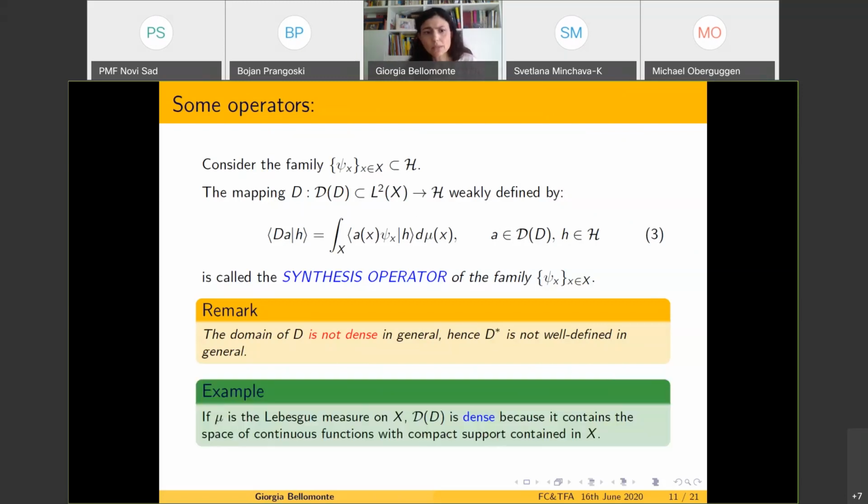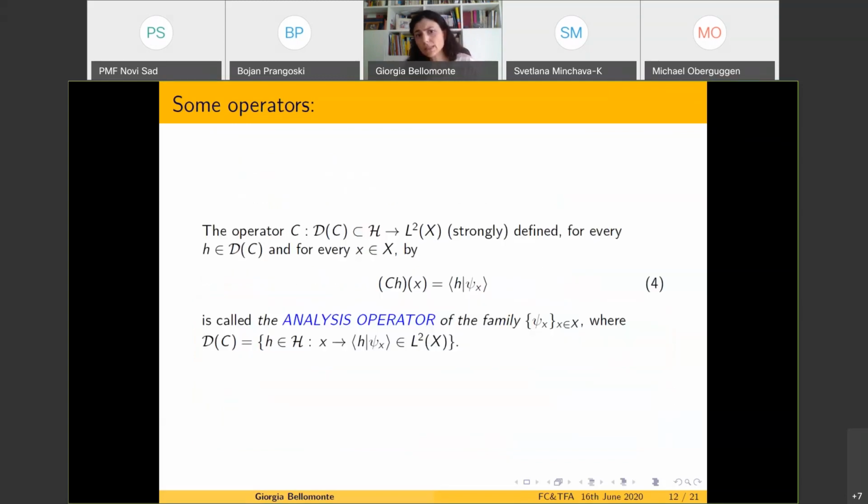There are examples in which D is densely defined, because if we take mu as the Lebesgue measure on X, then the domain of D is dense because it contains the space of continuous functions with compact support contained in X. The analysis operator is an operator defined as you can see here.